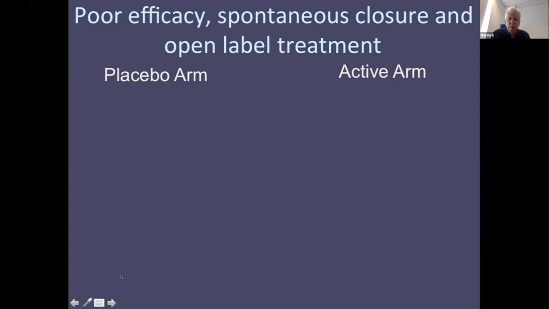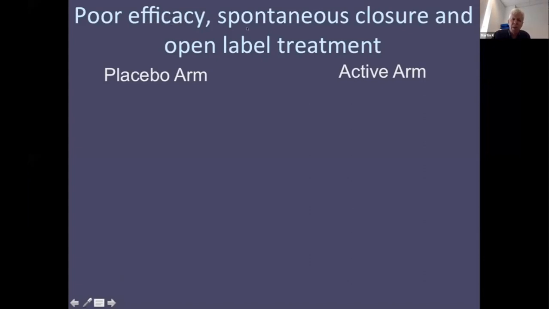I think Kurt's very clearly outlined some of those difficulties and the way we've tried to solve them in our trials. But if you look at it, we've got drugs which have poor efficacy, and even though we think they're good drugs, as Kurt's pointed out, a lot of the efficacy is actually spontaneous closure, and they're not actually as good as we think they are. We're talking about non-steroidals and paracetamol here.